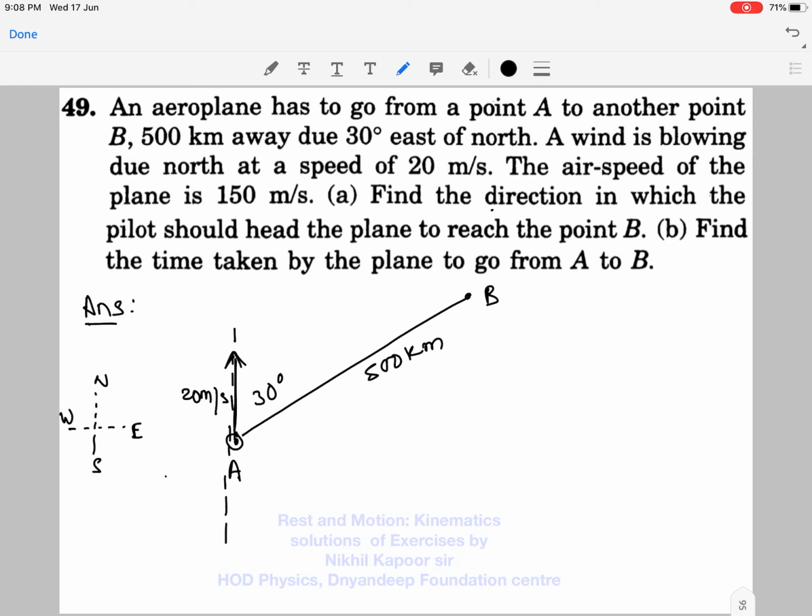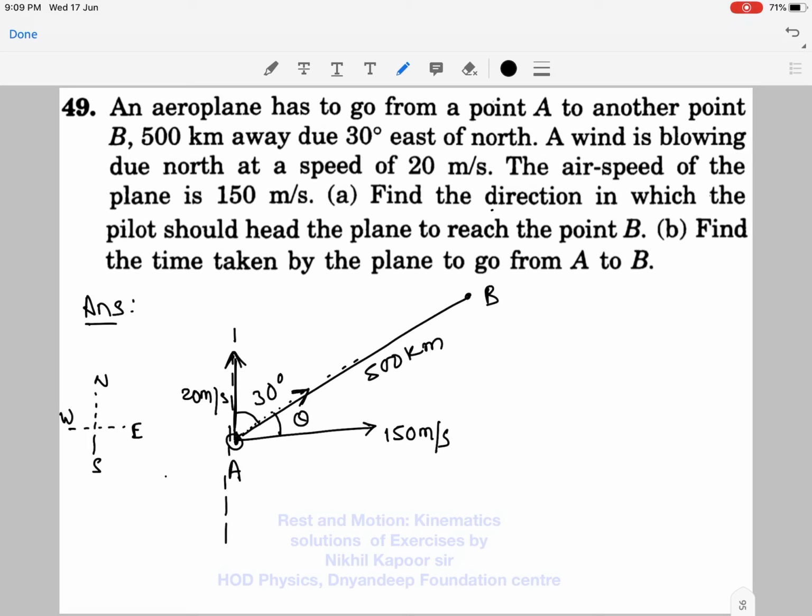The airspeed of the plane is 150, and it is said find the direction in which the pilot should head the plane to reach B. So now in this case, if the resultant speed is along the path AB, then and only then the pilot will reach point B. And in order to have the resultant velocity along line AB, the pilot should head its plane like this with speed 150 meter per second, making an angle theta with line AB, and 30 is this.